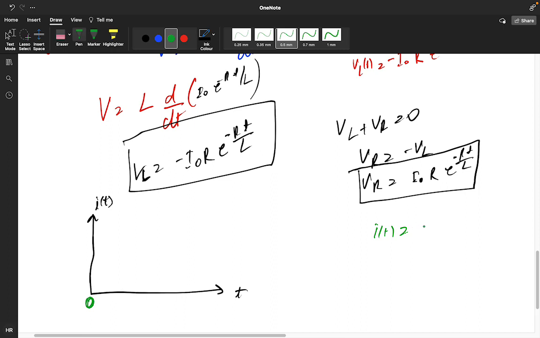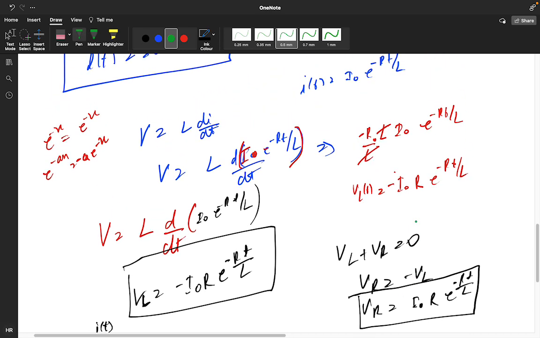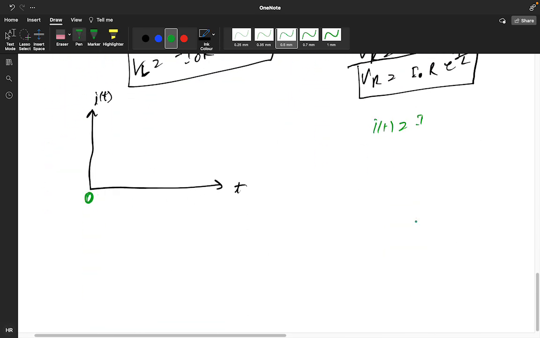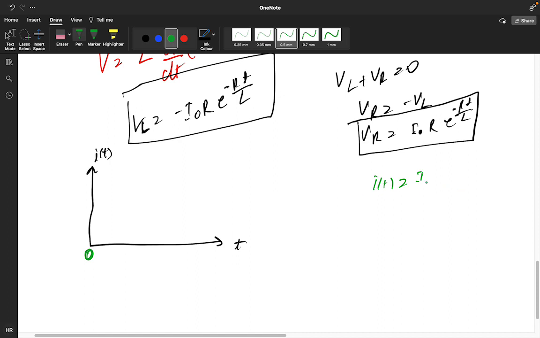I of t is I naught e power minus Rt by L. So at t equals 0, I have the I naught value, and at t equals infinity, I have 0 value.